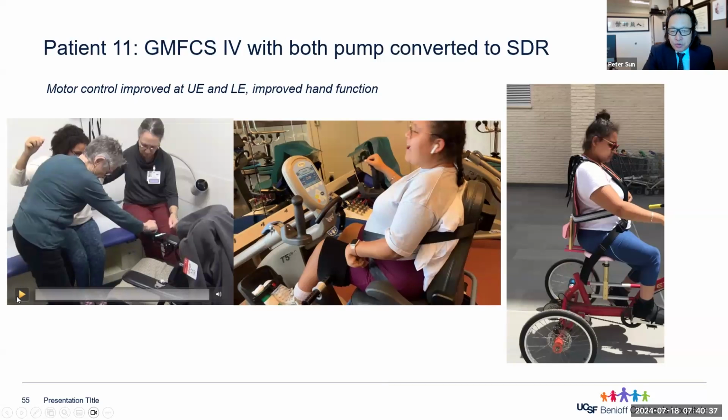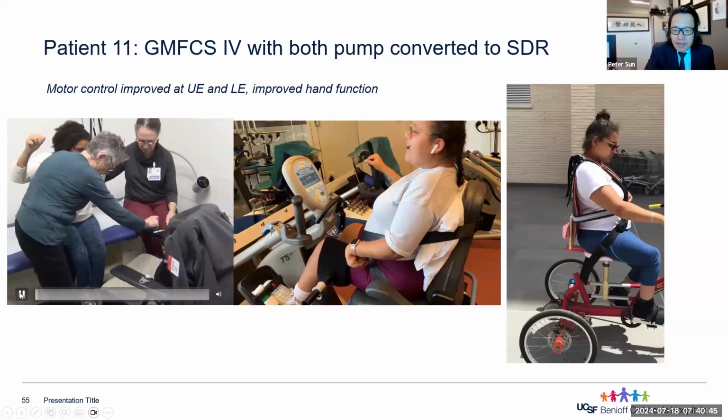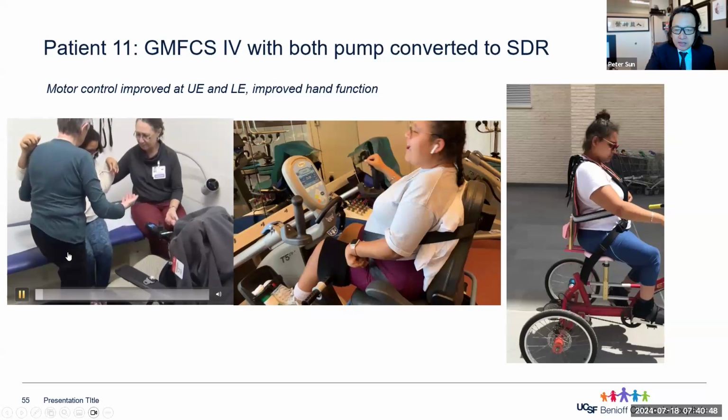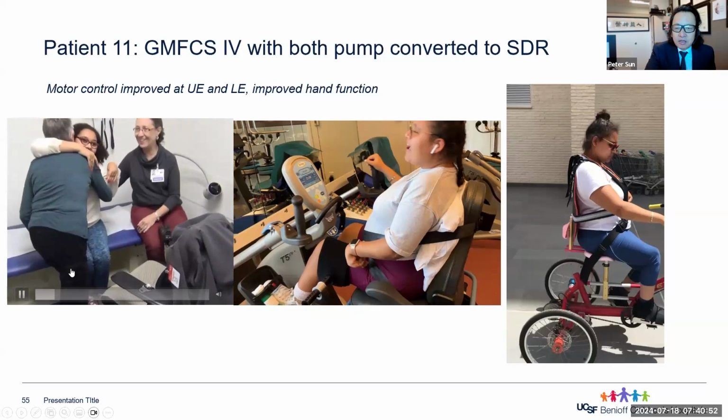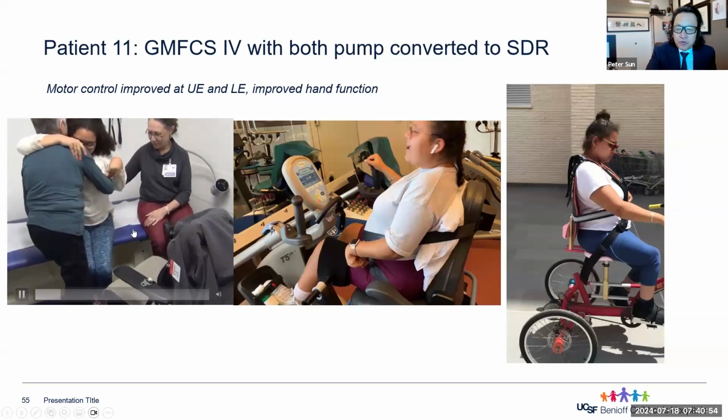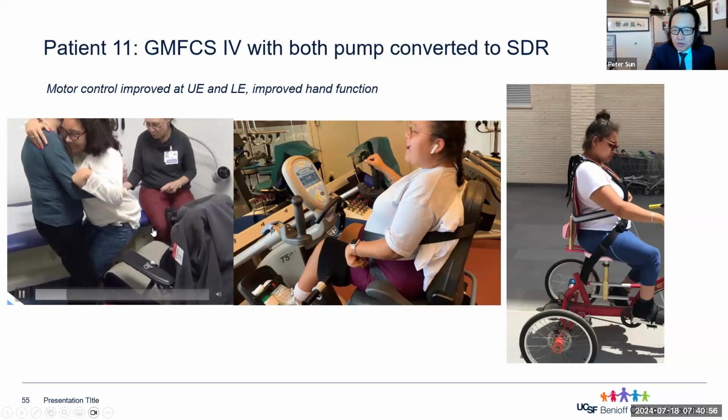This is a patient who had a baclofen pump. I think it's illustrative of something we want to point out. This patient had a baclofen pump, but was tired of the changes in the pump and the frequency with which she had to come in for refills.